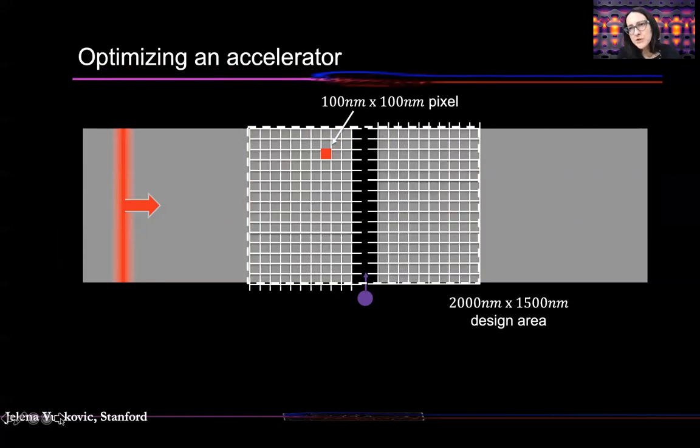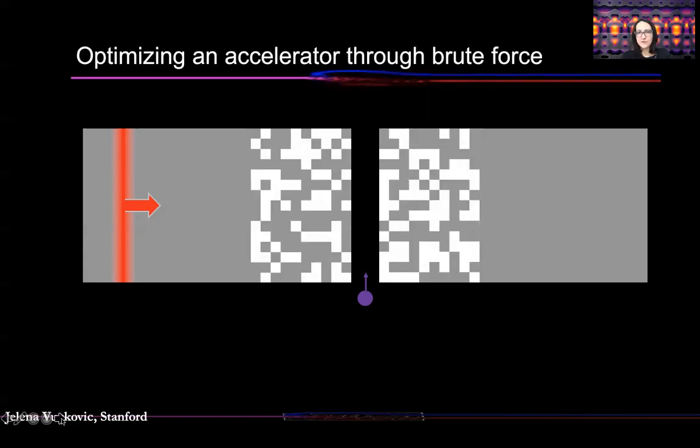So by brute force, you can address this problem by pixelating it into something like 100 by 100 nanometer pixels, which are pretty coarse. Even if you pick these coarse pixels and a 2 micron by 1.5 micron design area, you will have a lot of possibilities for the resulting structure.